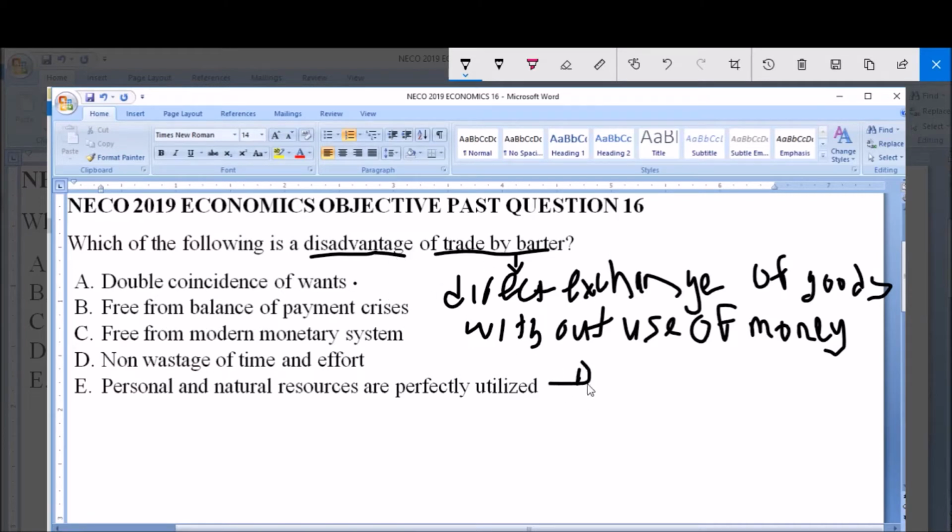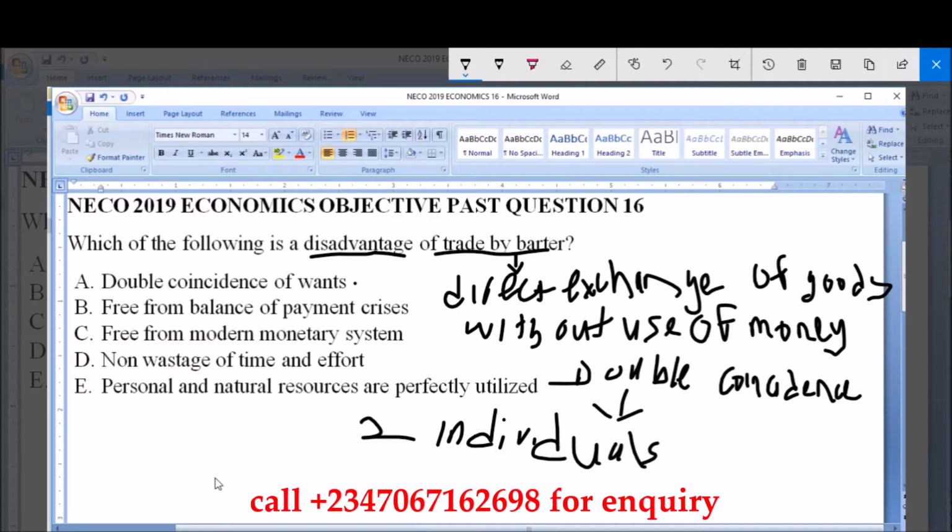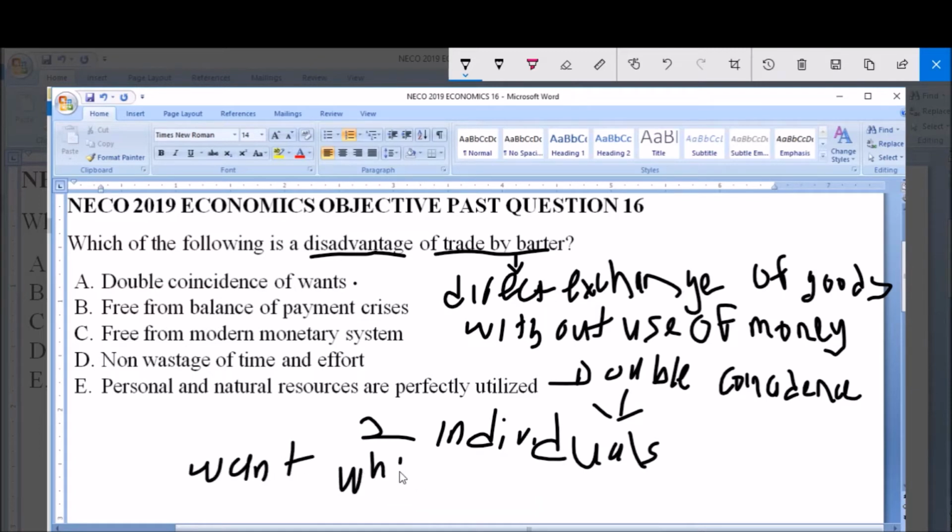Double coincidence of wants refers to the event where you have to have two individuals that want what the other wants.